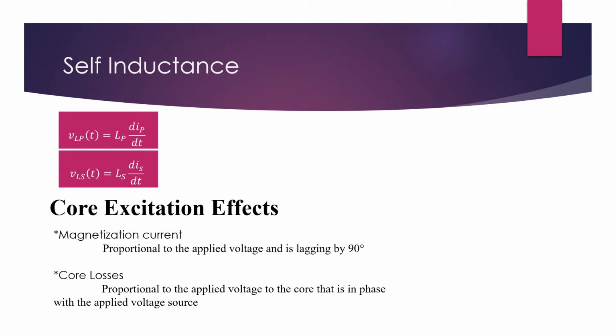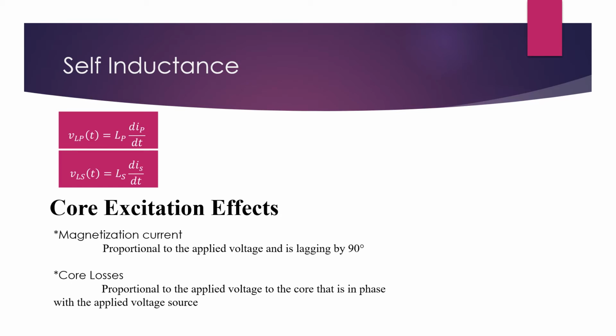Now let's move to core excitation effects. In core excitation effects, there are two categories. First, the magnetization current. Magnetization current is proportional to the applied voltage and is lagging by 90 degrees, so it can be modeled by a reactance XM across the primary voltage source.